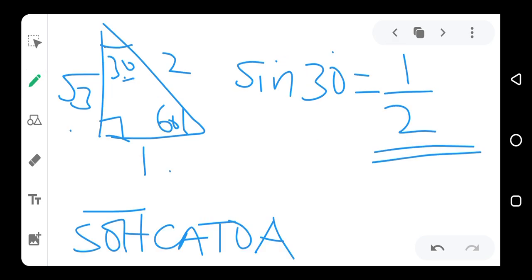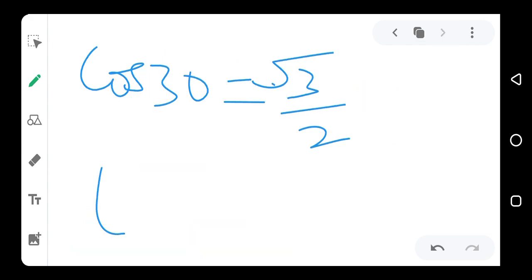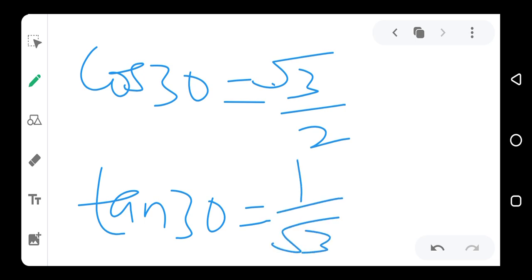And then if we consider tan 30, tangent 30 is equal to opposite over adjacent. Opposite is 1, adjacent is root 3. So tan 30 is equal to 1 over root 3.